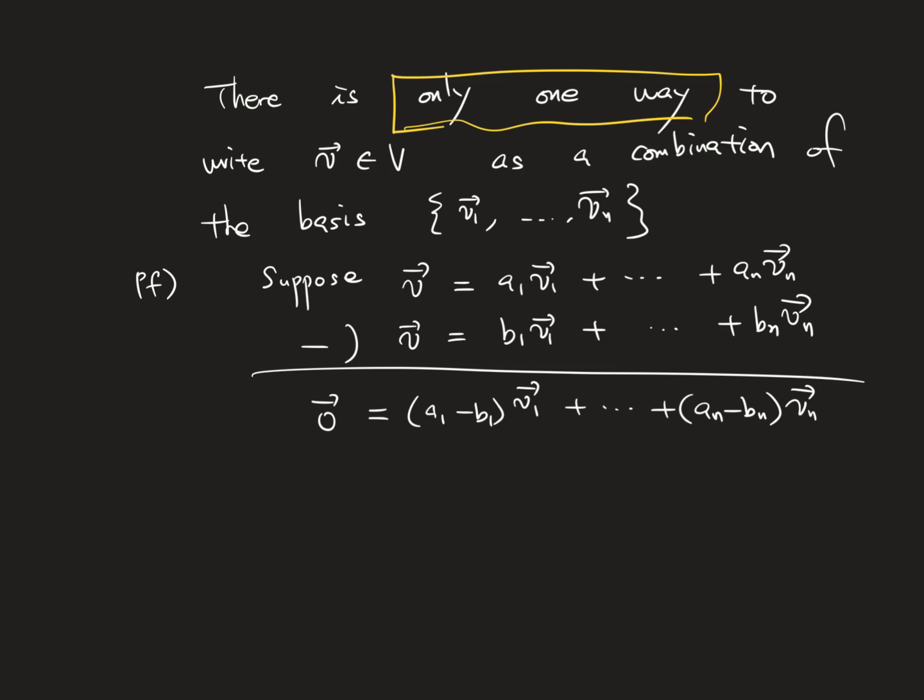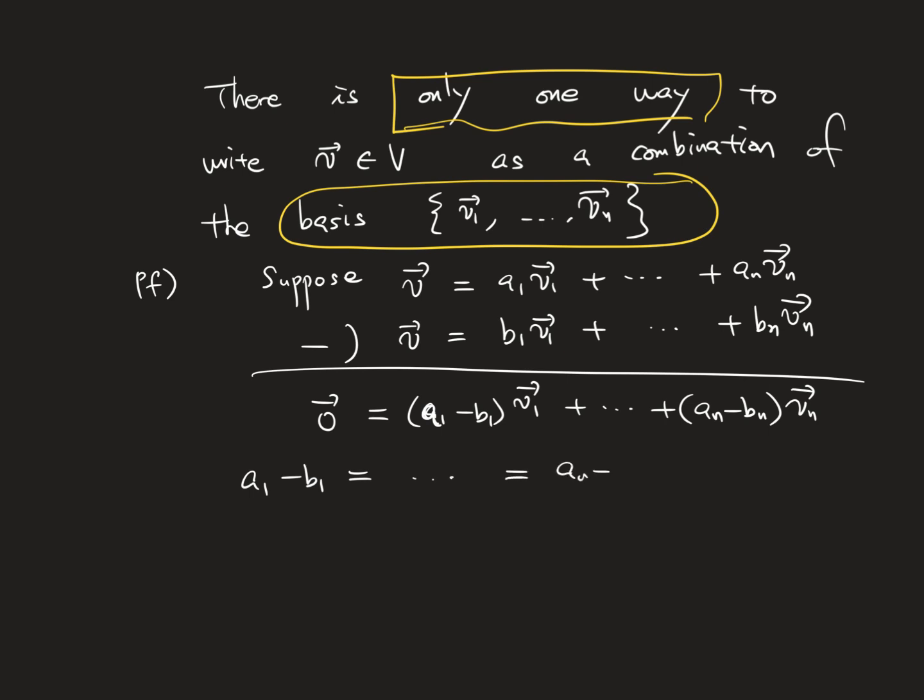But as we know, because these vectors are a basis, the vectors are linearly independent. So the only possibility is a1 minus b1 equals 0, and so on, an minus bn equals 0.